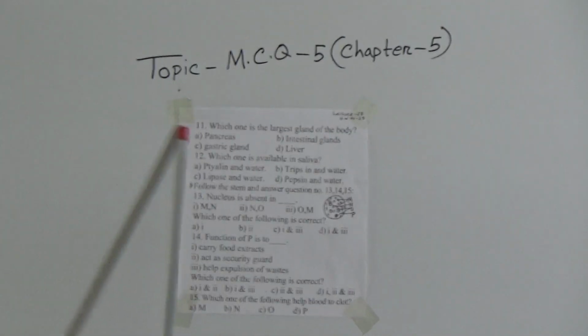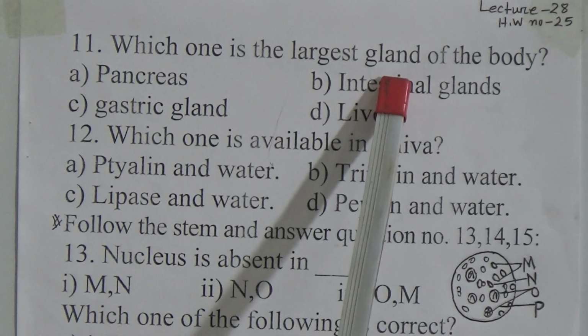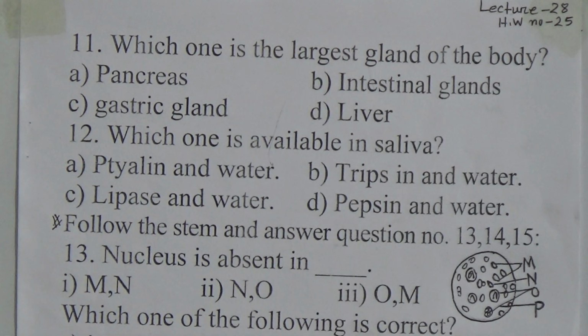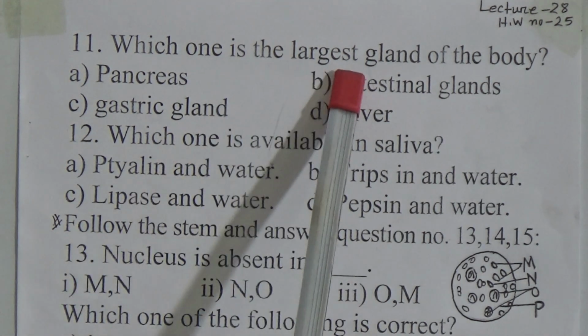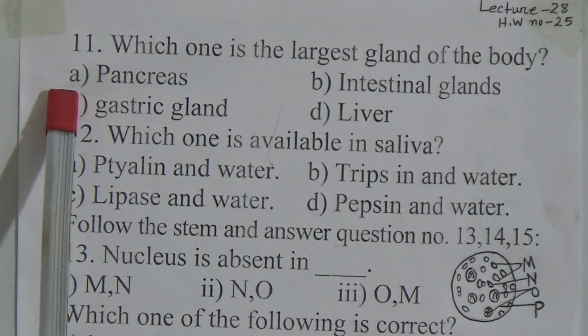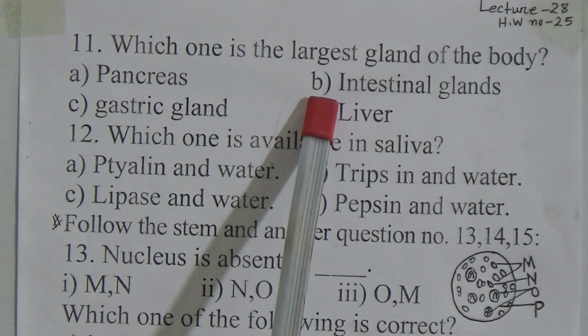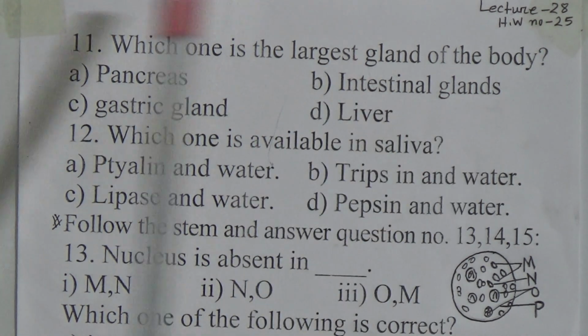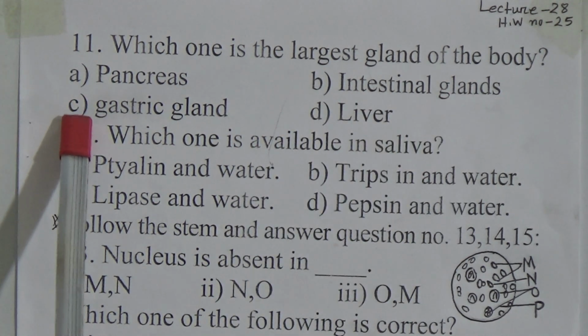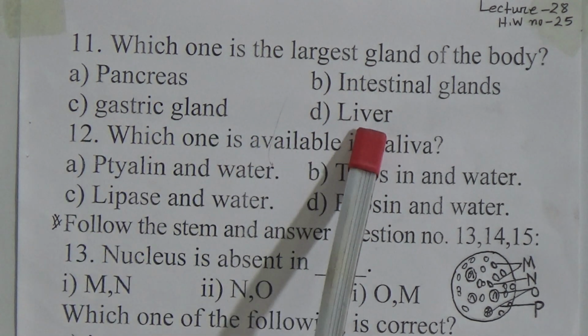Number 11, here is the question: which one is the largest gland of the body? A option is pancreas, B option is intestinal glands, C option is gastric gland and D option is liver.